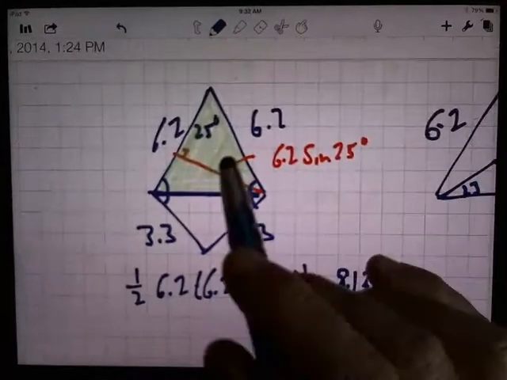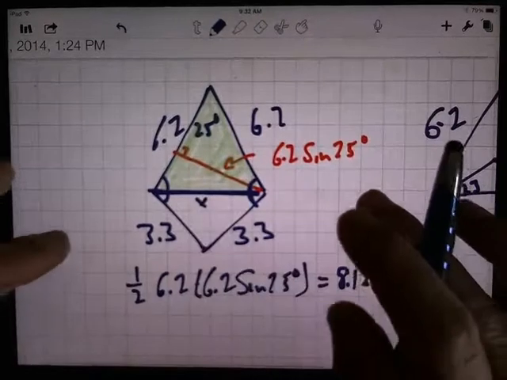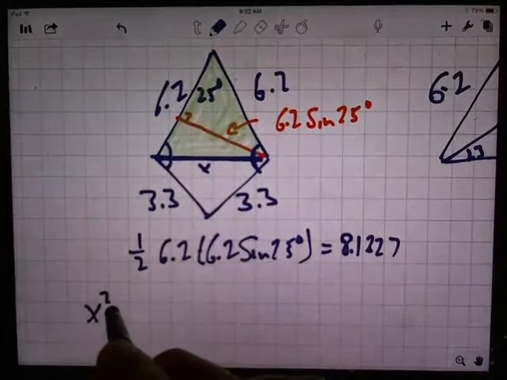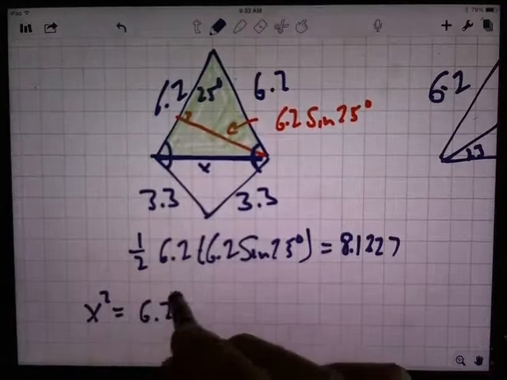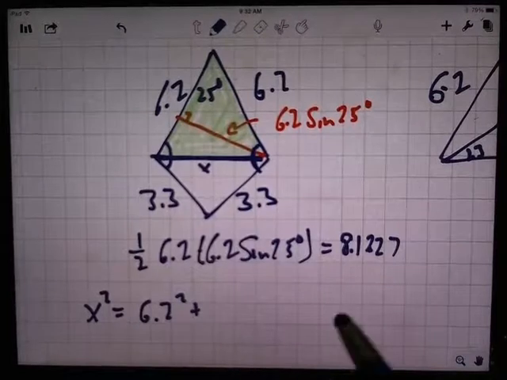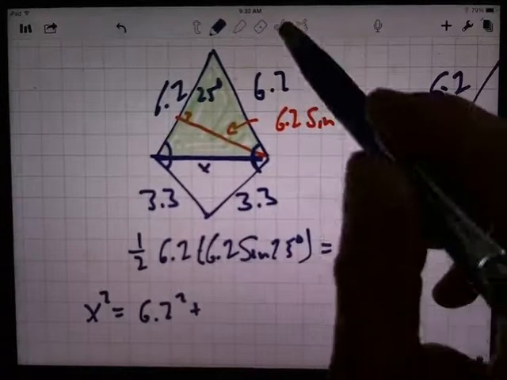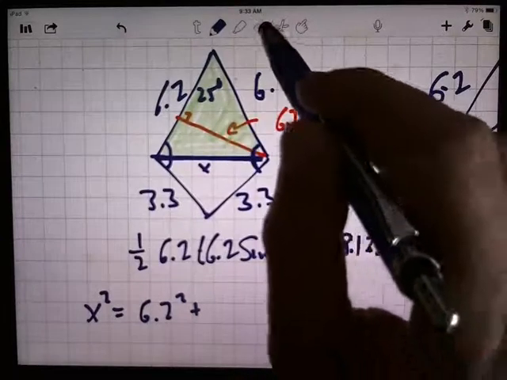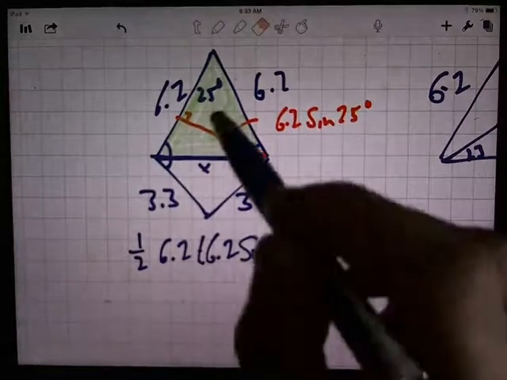So to find that side, let's just call that x for now. I use the law of cosines on that triangle up above, because x squared is equal to 6.2 squared plus, oh goodness, I'm doing this the hard way. I could use the law of cosines, but here's an easier way to do that.